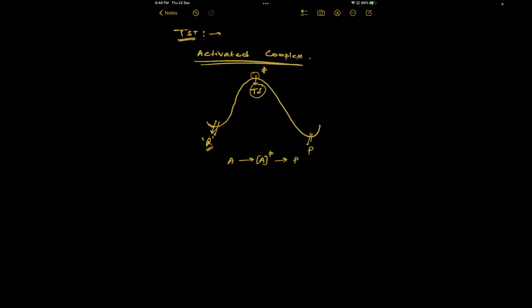They are in pre-equilibrium with each other. So it is assumed in the TST that this activated complex A star and the reactant molecules are in equilibrium with each other. That means there will be an equilibrium. Let's say this is K1, this is K minus 1, let's say this is K2. So these two species are in pre-equilibrium.